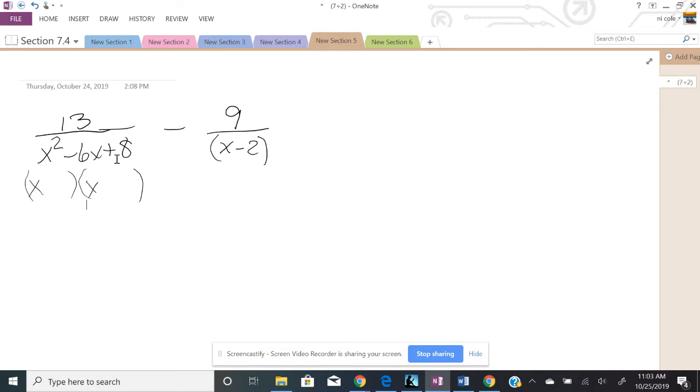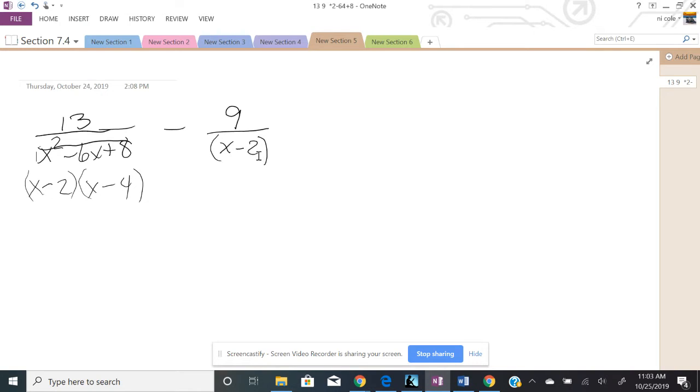I know it has to be plus, plus, or minus, minus, and I'm going to do minus, minus, and I'm going to do minus 2, minus 4. Check the insides, which gives me negative 2x, check my outsides, which gives me negative 4x, sum that up, gives me a negative 6, so that's all well and good.